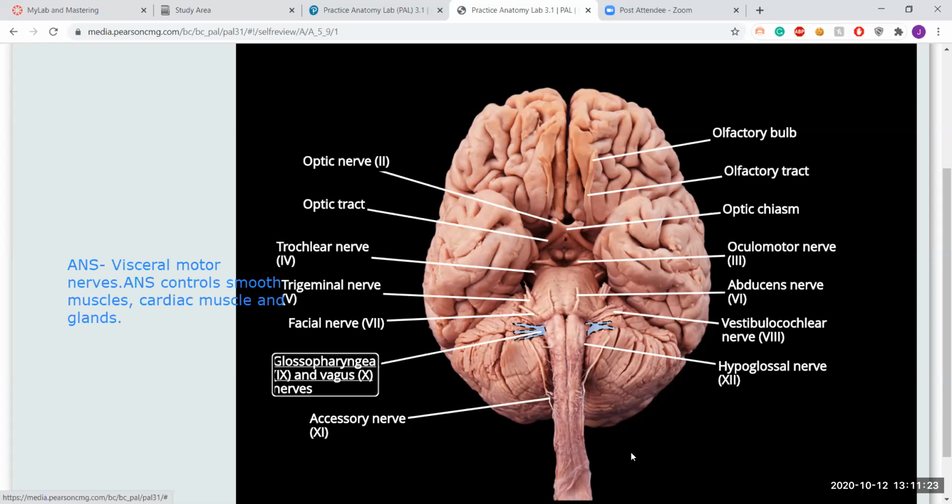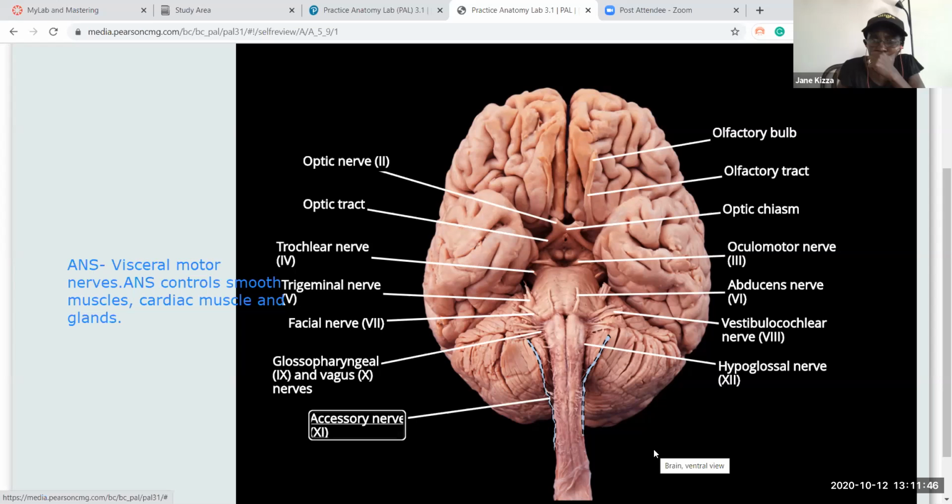So in the exam, if I put a question, which of these cranial nerves exit from the cerebrum? What will be the answer? Cerebrum, not the cerebellum. There are only two cranial nerves which exit from the cerebrum. What are they?